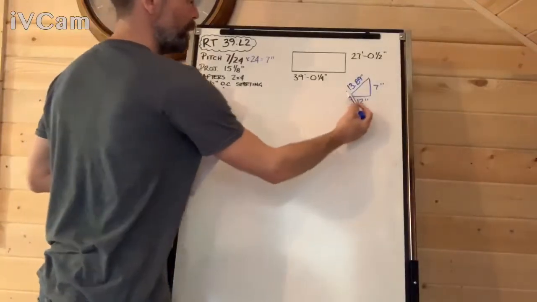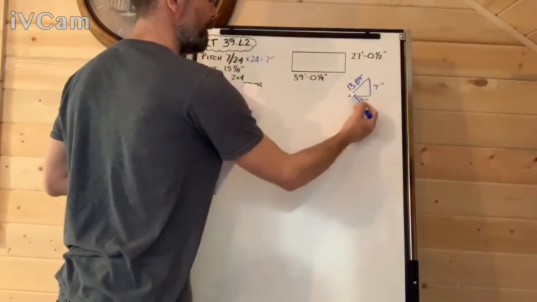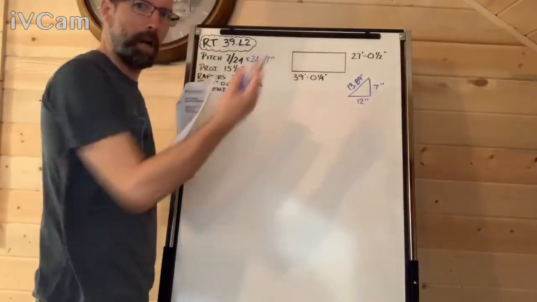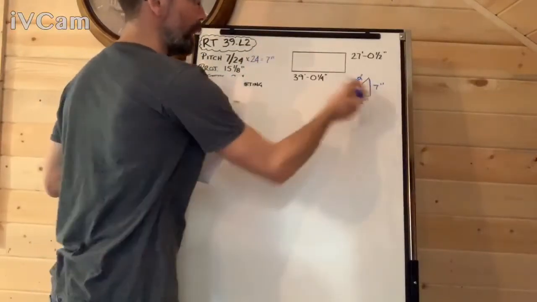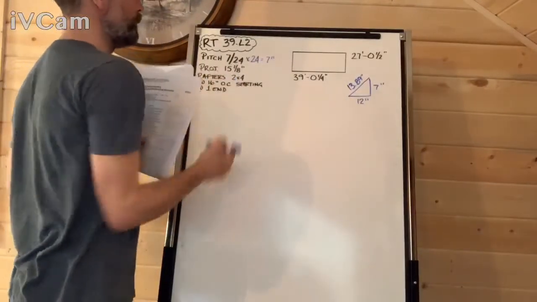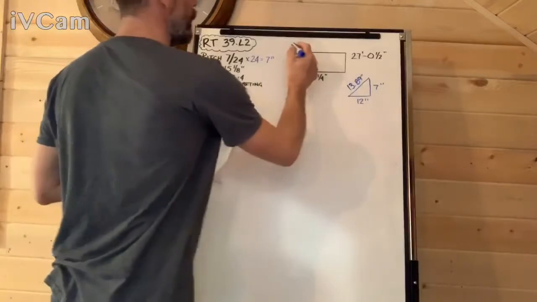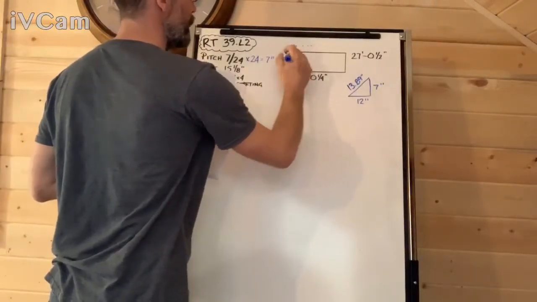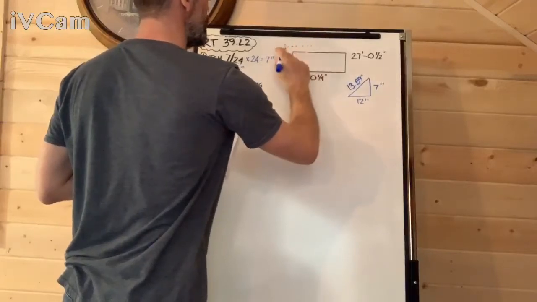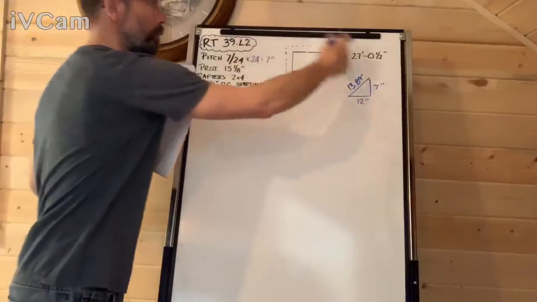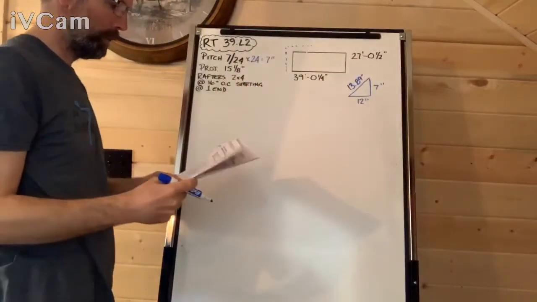Every time we go over 1 foot of run, we will go up 13.89 inches up the slope of the roof, or the line length per foot of the common rafter. Projection 15 1/8 inches. So around this building, we will have a projection of 15 1/8 inches, and that'll continue all the way around the entire building.